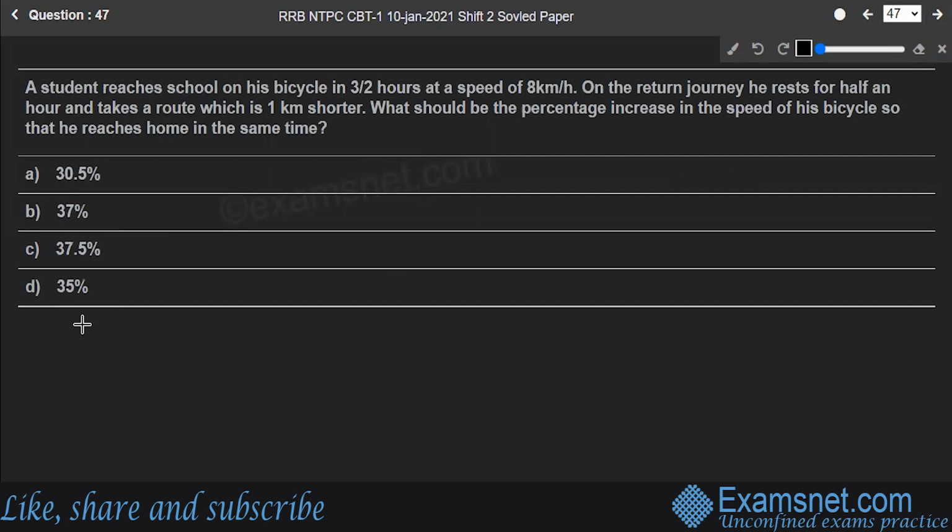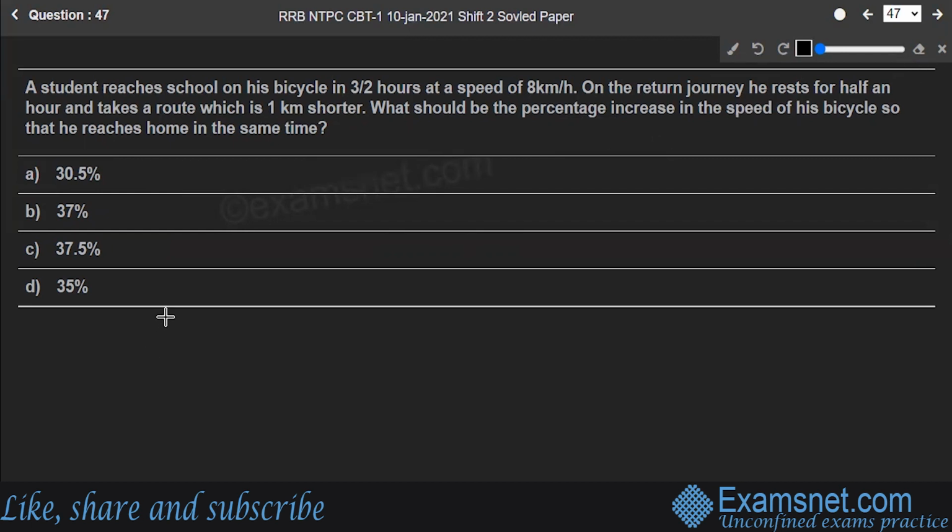A student reaches school on his bicycle in 3/2 hours at the speed of 8 km per hour. On his return journey, he rests for half an hour and takes a route which is 1 kilometer shorter. What should be the percentage increase in the speed of his bicycle so that he reaches home in the same time? So there are two cases in the question. First is when he goes to the school, and the second one is when he comes back.